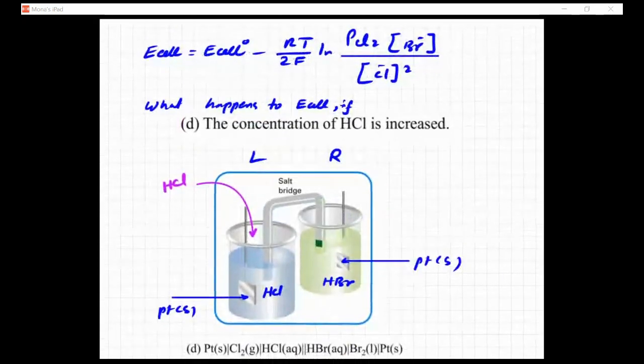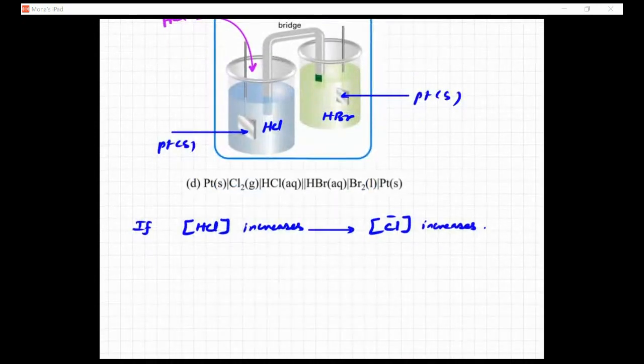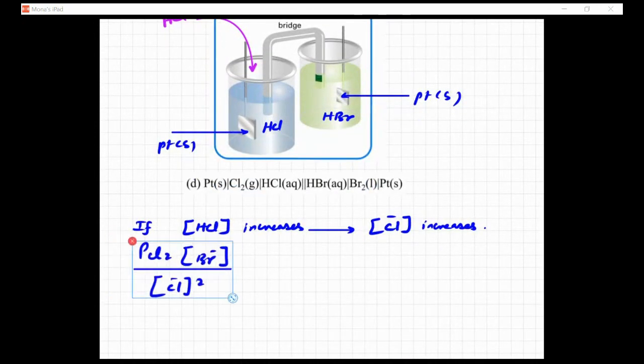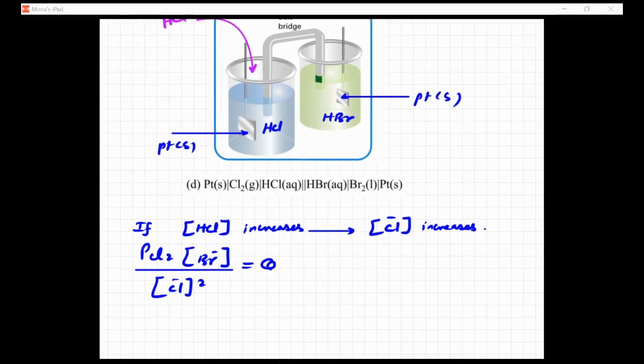Now this is our quotient, right? What happens to this quotient? It decreases, right?